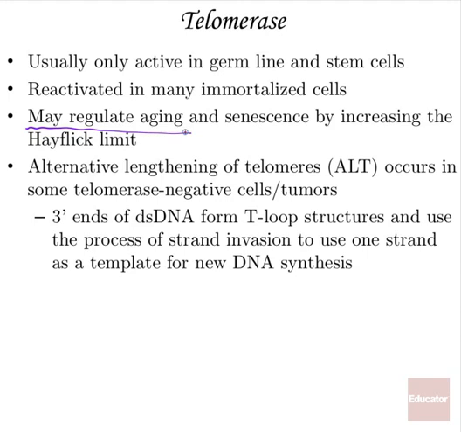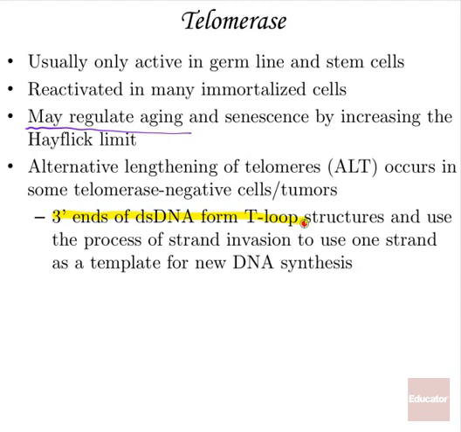So some cells, instead of having telomerase activity, have a different way of lengthening their telomeres called alternative lengthening of telomeres. And that'll occur in some telomerase negative cells, as well as some tumors. And this is where we have the 3' end of the DNA forming what are called T-loop structures.